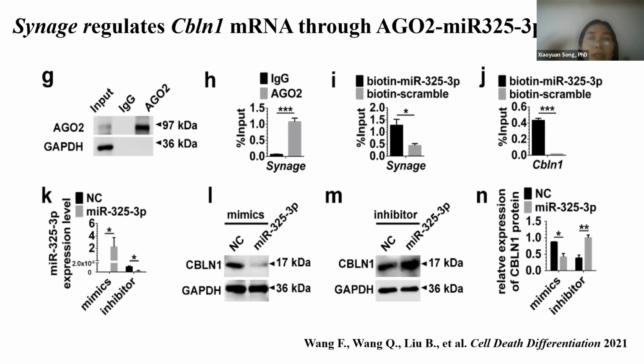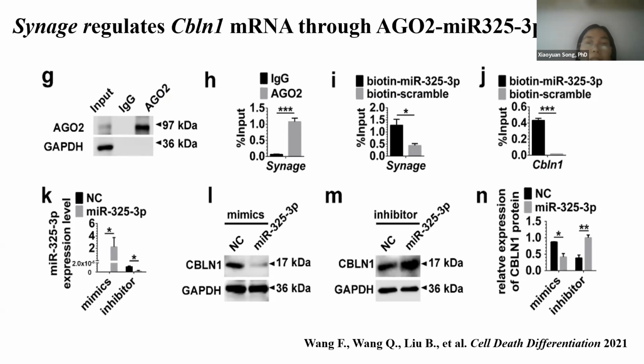Next. And we also tried to see whether Synage functions as a circRNA. So we searched published Argo ClipSeq data and found that both CBL1 and Synage have the binding site for Argo2. And we further used the Argo2 RIP to show that Argo2 interacts with Synage.